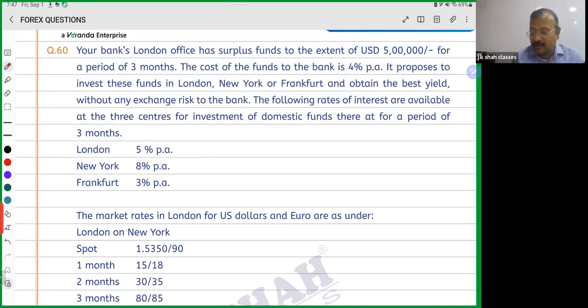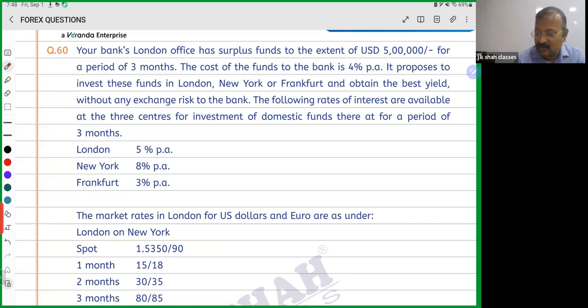Your bank's London office has surplus funds to the extent of US dollar 5 lakhs for a period of 3 months. So we have a surplus of 5 lakh dollars, and this dollar is lying in London office, right? The cost of the funds to the bank is 4% per annum. It proposes to invest these funds in London, New York, or Frankfurt and obtain the best yield without any exchange risk to the bank.